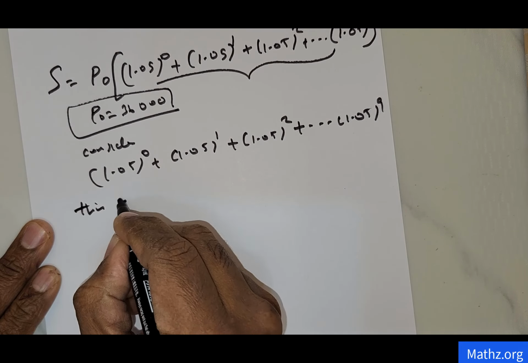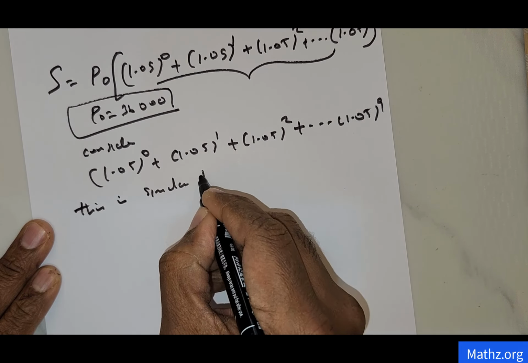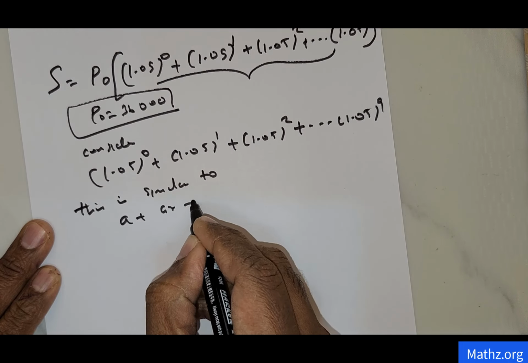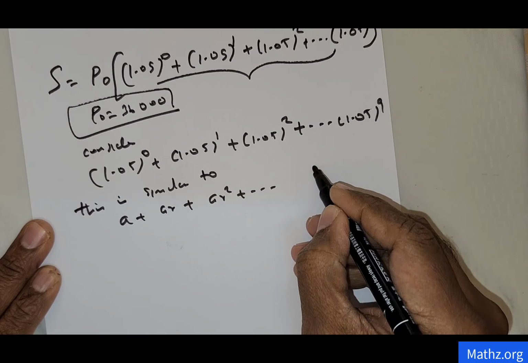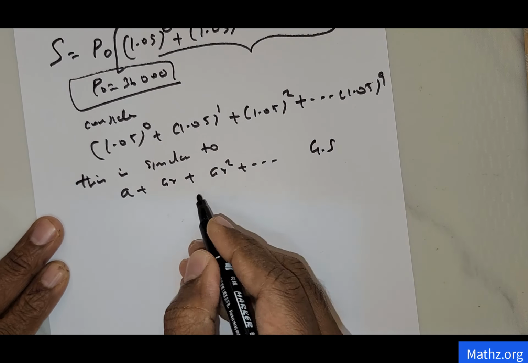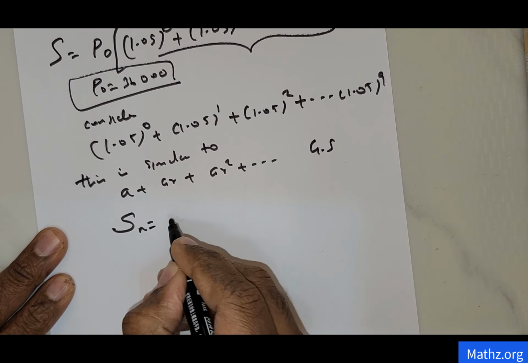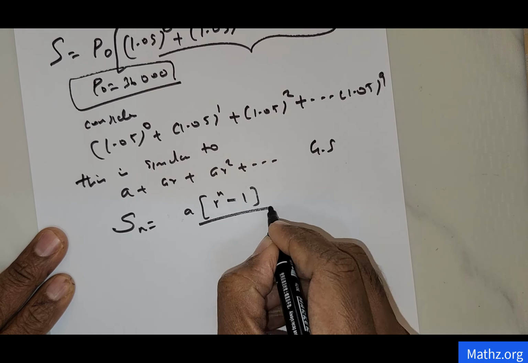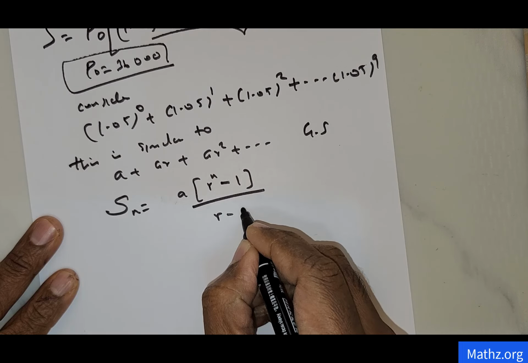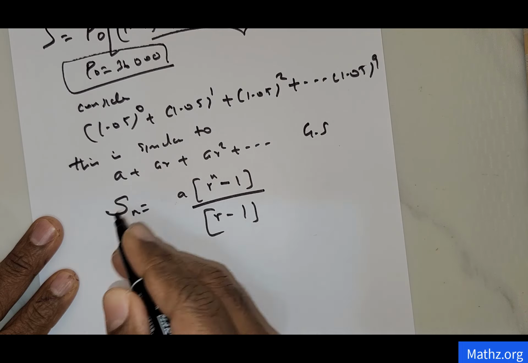This is similar to a plus a times r, plus a times r squared, plus etc. Right? This is the geometric series. Now what is the sum of the geometric series? Sn is given as a times r raised to the power of n minus 1, divided by r minus 1. This is the formula given.